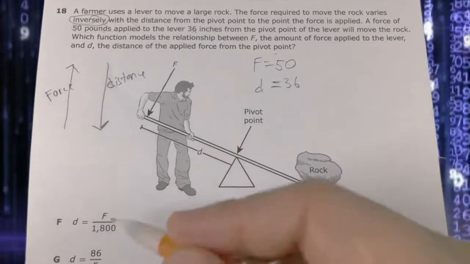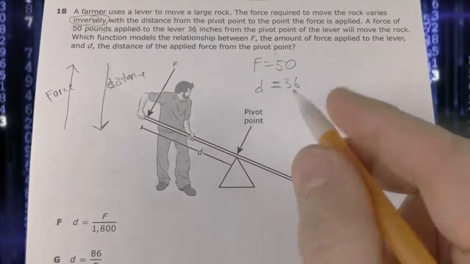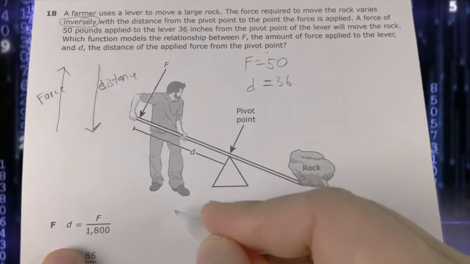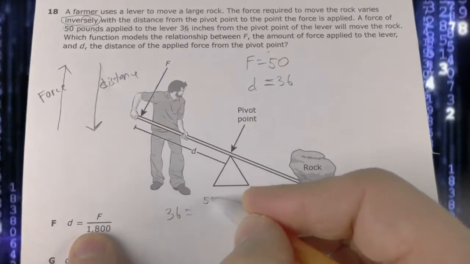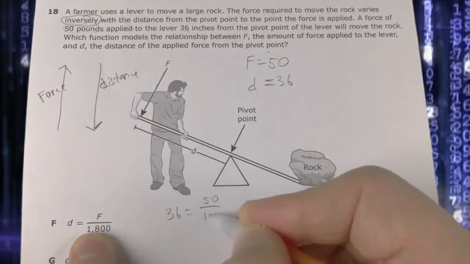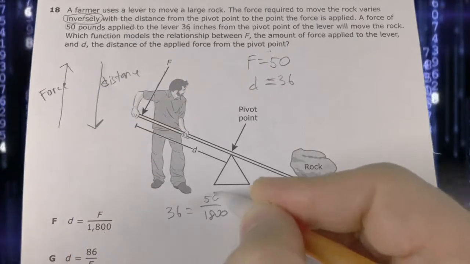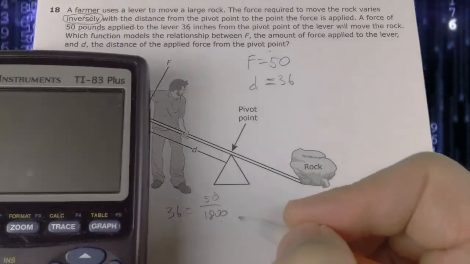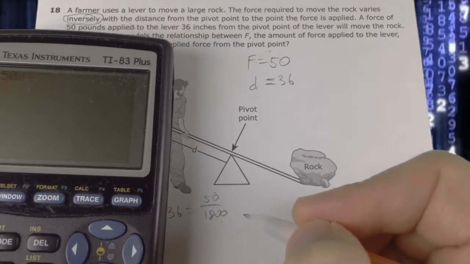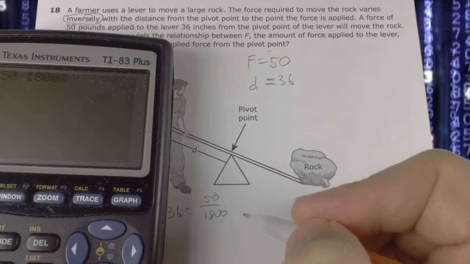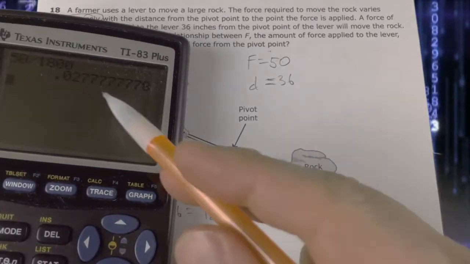So here we have D equals F divided by 1800. That would be 36 equals 50 divided by 1800. Now when I do 50 divided by 1800, I don't think I'm going to get 36. No, I get some crazy decimal.